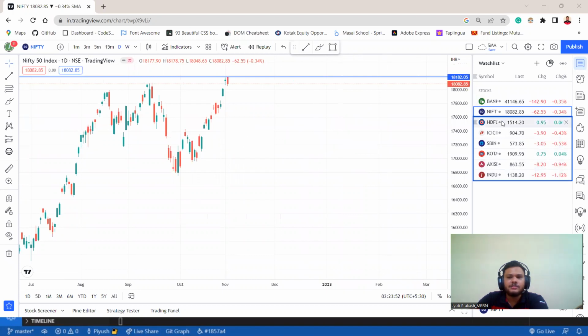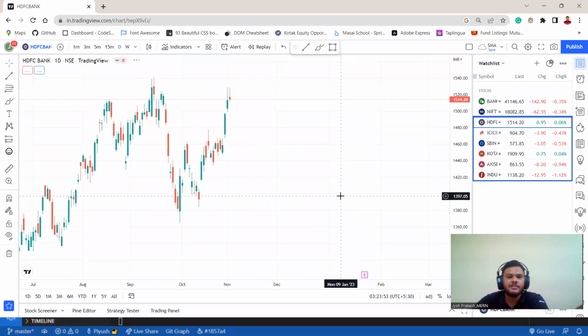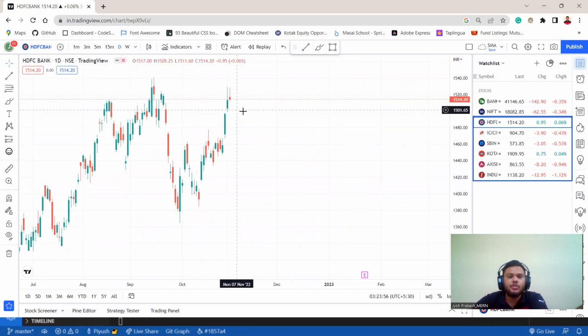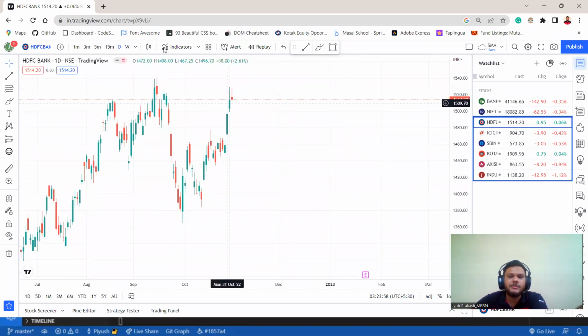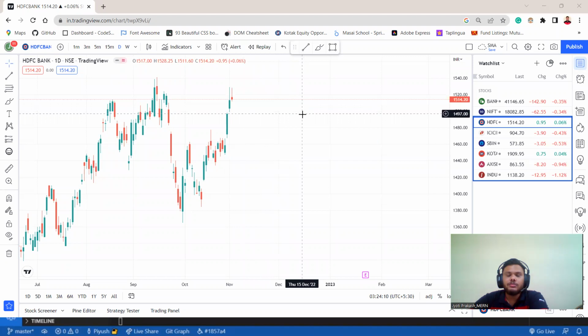Okay, now let's look into HDFC Bank, our first bank, which has more weightage in Bank Nifty. If HDFC Bank moves 1 or 2% upwards, then Bank Nifty will go up, and if it goes down, Bank Nifty also shows a negative movement. Here you can see that HDFC Bank opened flat and made a high of 1528, approximately around 1530.